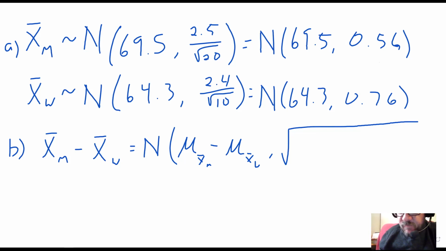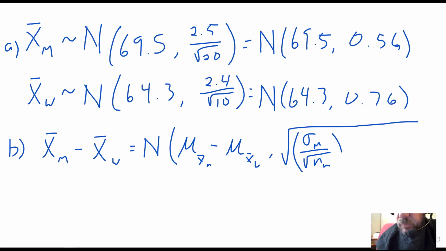So the 2.5 was sigma sub M over the square root of n sub M. Right, so it's the standard deviation of the population of the distribution of men's heights, divided by the square root of the sample size that we took from the men.